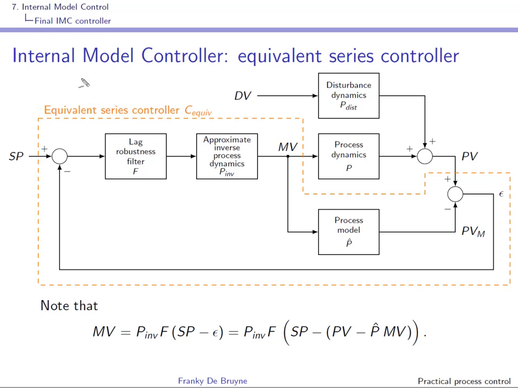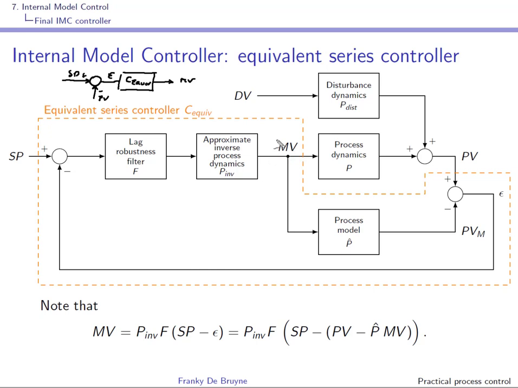And a series controller is a controller that is acting on SP minus PV. So it's acting on the control error, right? And we would like to rewrite this internal model controller using this C equivalent, and here at the output of course we have MV. So let us try to do this.